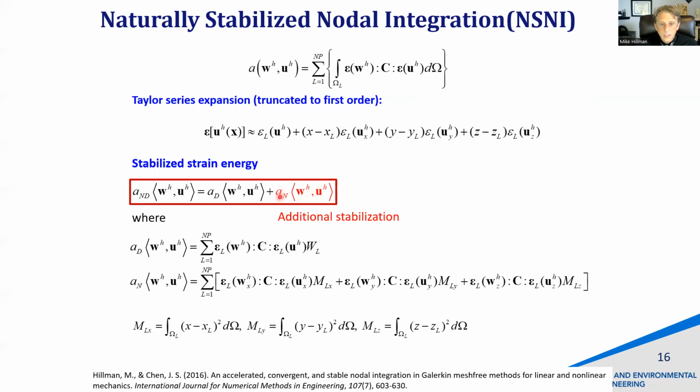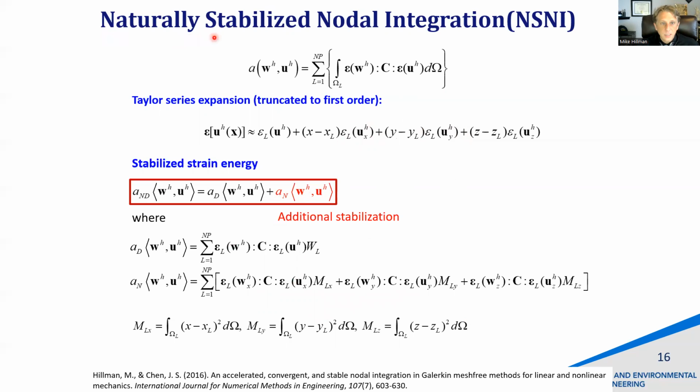And then the additional term is those even terms. So I end up getting these quadratic products like x minus x sub L squared and so forth. And those are going to be inducing some stabilization. You can see that this type of term here is coercive, right? It's adding stability.